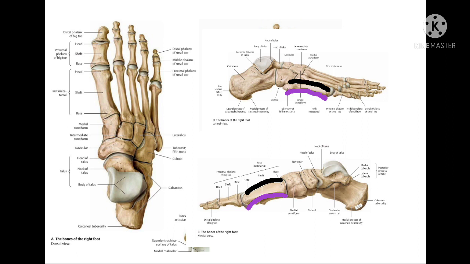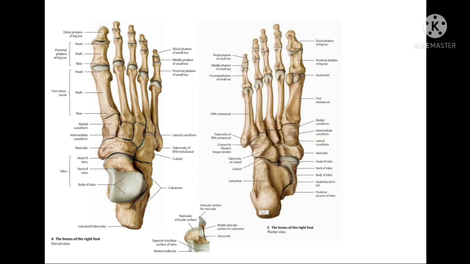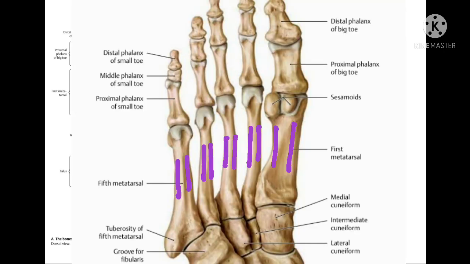So the metatarsal shaft presents a concavity from before backward in the plantar aspect. The sides of the shaft provide attachment to the interossei muscle, whereas the plantar aspect of the fifth metatarsal gives origin to the flexor digiti minimi. So that is all about the shaft of the metatarsals.